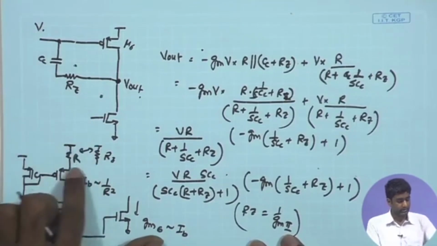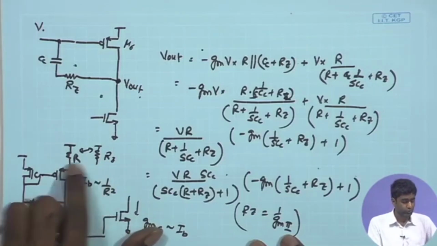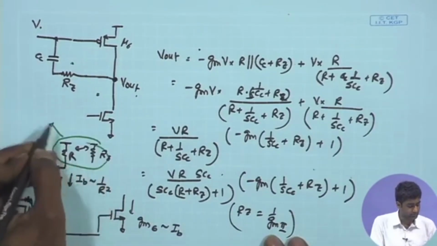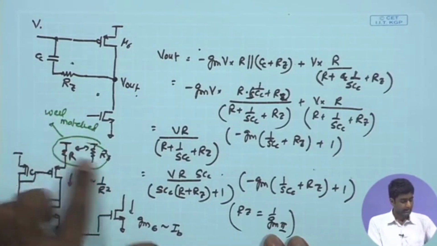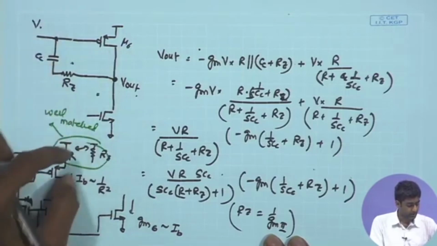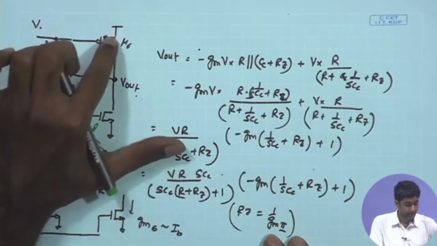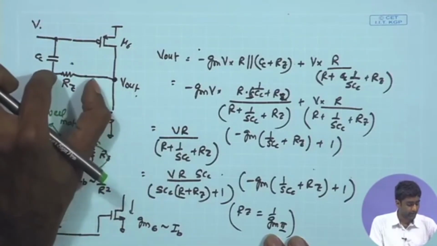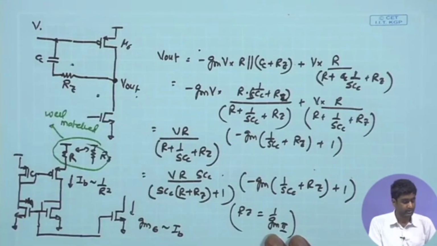And as we have discussed earlier, matching of two passive components is very much feasible in integrated circuits. If you are trying to match two R values or two C values, which are passive components, they can be very well matched. So, I can have these two resistances well matched. As a result, the RZ that we are having in the compensation branch is determining the bias current of the M6, and the M6 GM therefore is proportional to RZ, and by appropriate sizing we can ensure that the matching between RZ and the GM is very well controlled, and much less dependent upon process and temperature.